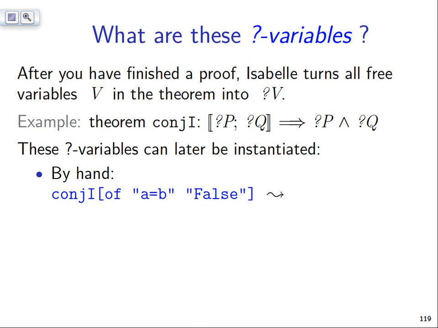So that means A equals B is substituted for P, and false is substituted for Q, just because you've met them in that order when you go through the term from left to right. And so this is the theorem that you get as a specialization, where now the two question mark variables which stood for formulas have been replaced by concrete formulas A equals B and false. So this may not appear to be very helpful, but this is just a simple example.